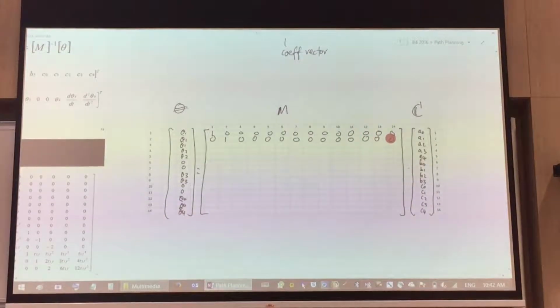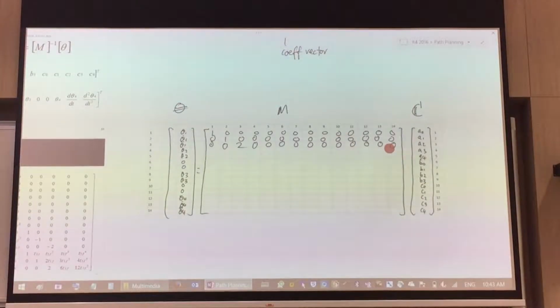That will form your second boundary condition. The third boundary condition is your theta dot dot 1 equal to 2 A2, right? So what you need is 0, 0, 2, and then the rest 0. And you will go on.